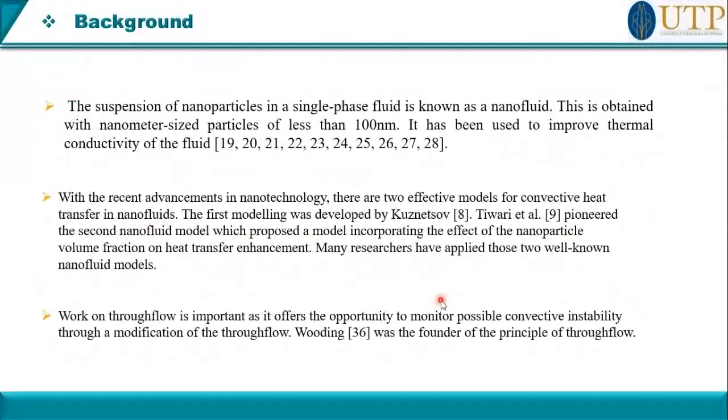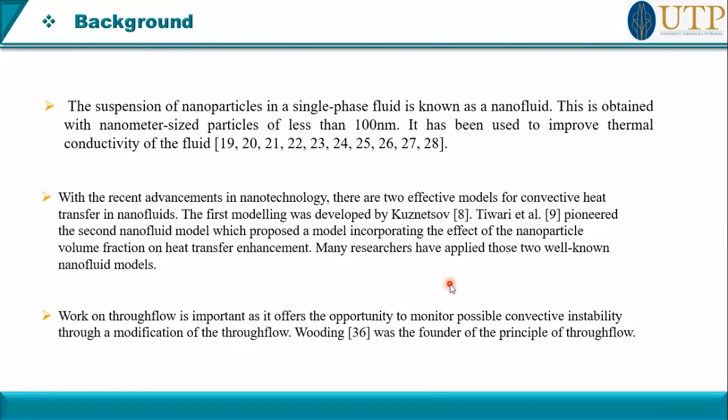Background. A nanofluid is a single phase fluid in which nanoparticles are suspended. There are two effective models for convective heat transfer in nanofluid. The first model was developed by Kuznetsov, and the second model was developed by Tiwari, which incorporates the effect of the nanoparticles' interaction on heat transfer enhancement.